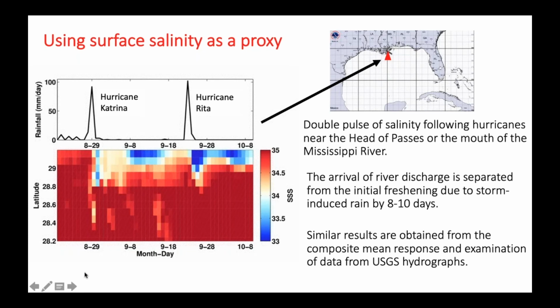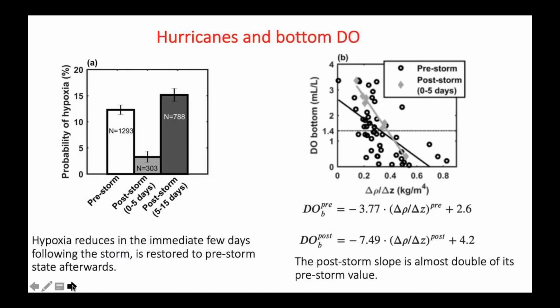With this knowledge, we can now start looking at the DO at the bottom of the ocean in the northern Gulf of Mexico. What we are seeing on the left-hand side of the figure is the probability distribution of hypoxia, for 3 different periods.